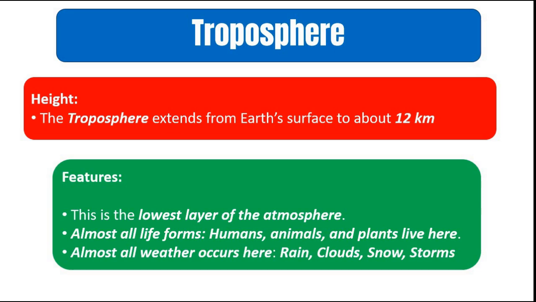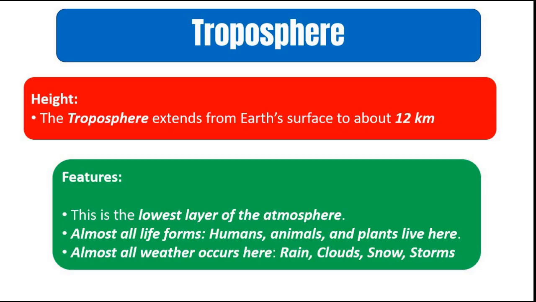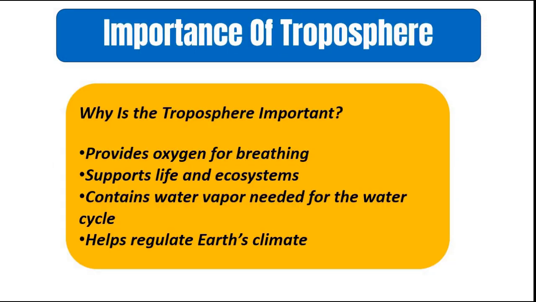All of the flora, fauna, human life and everything, the basic climatic and weather conditions, rainfall, cloud formations, snowfall, storms, drought, whatever climatic and weather conditions there are, occur in the troposphere. And all life forms, humans, animals and plants, are found on this lowest layer of the atmosphere, that is troposphere.